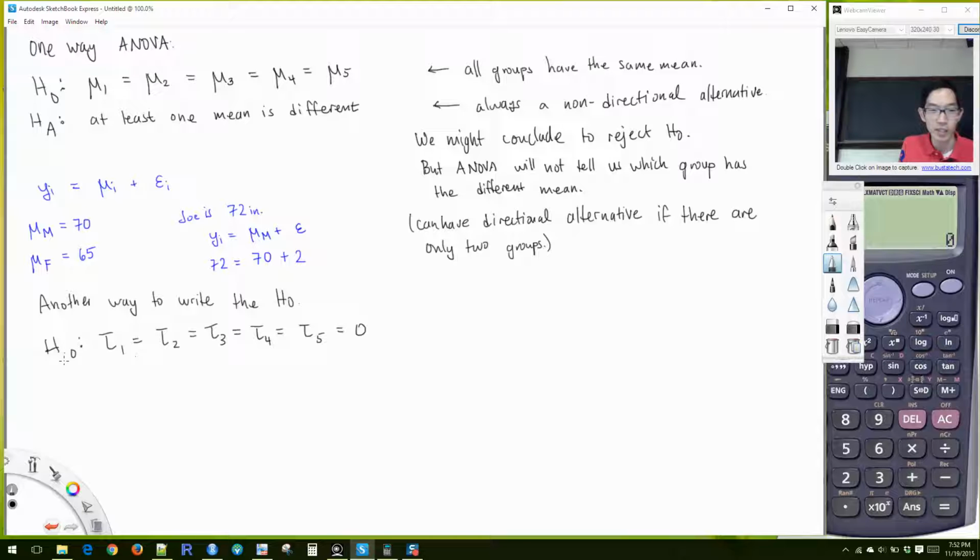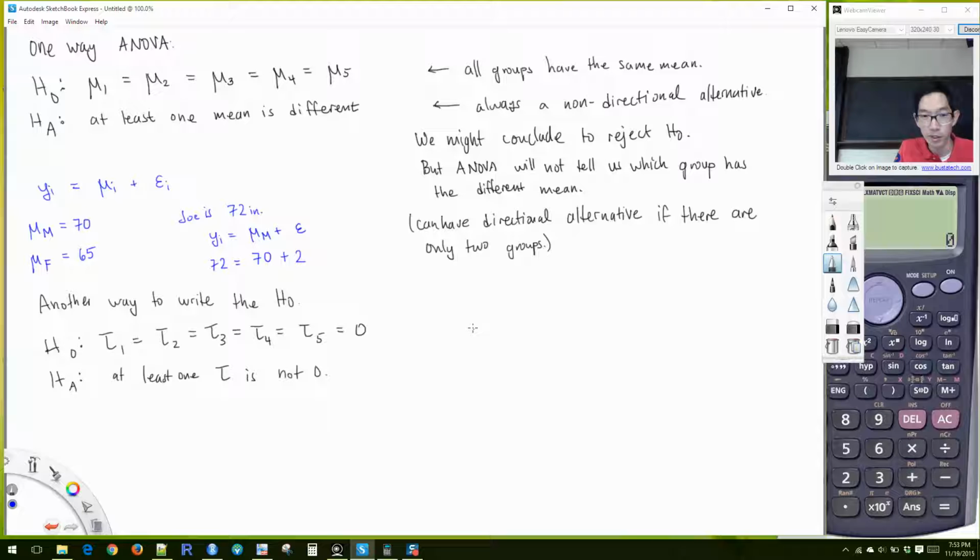And then the alternative, so this part looks the same so far: at least one tau is different, or is not 0, I should say. But the model is a little bit different.